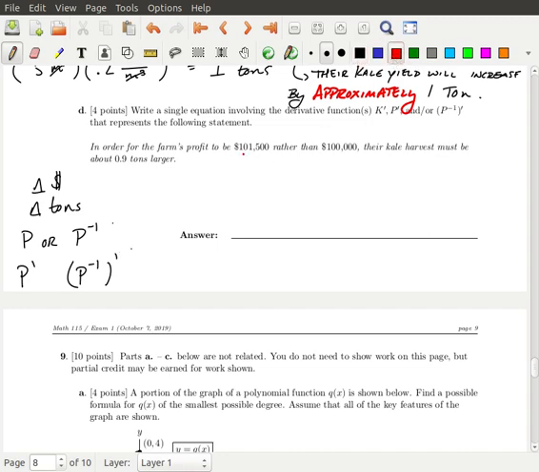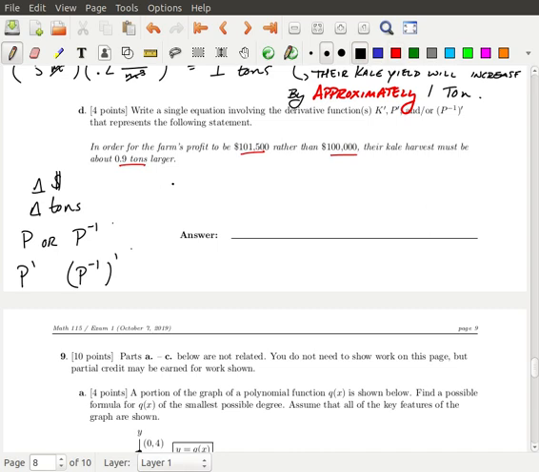They told us some actual values for profit, but they did not tell us any actual values for tons. They told us about a change in tons. They said 0.9 tons larger, but we don't know if that was like 30 tons to 30.9 or 50 to 50.9 or whatever. We didn't get any values for tons, just a change. We did get actual values for dollars. And so we're going to use those, we're going to plug those in.